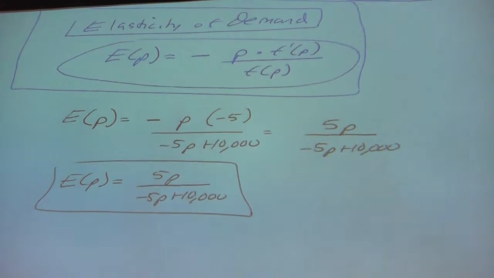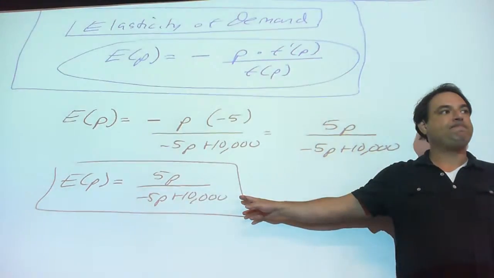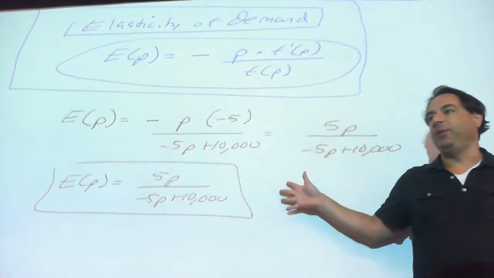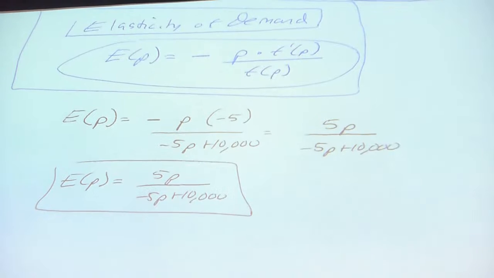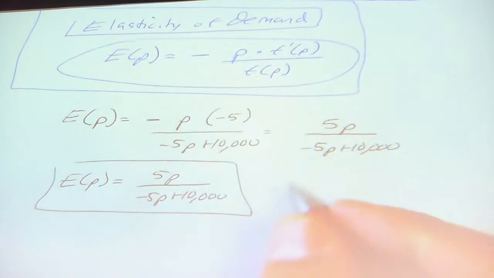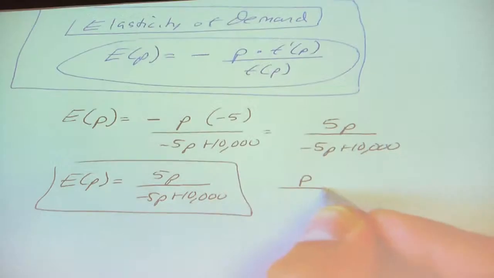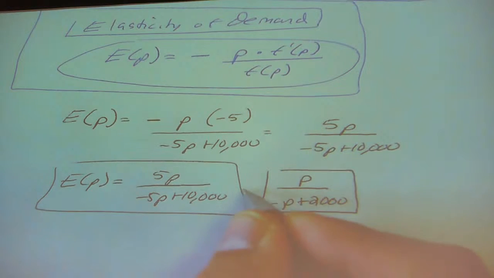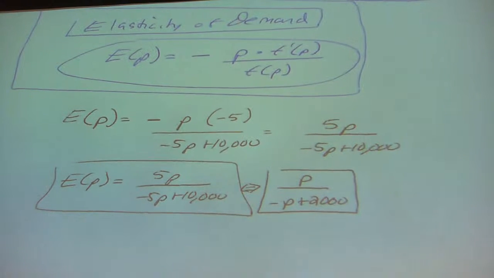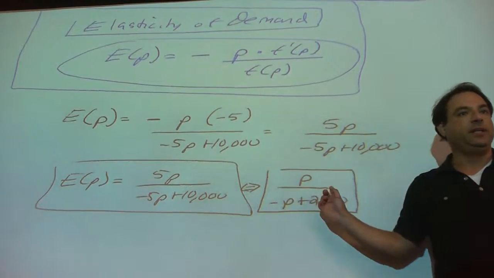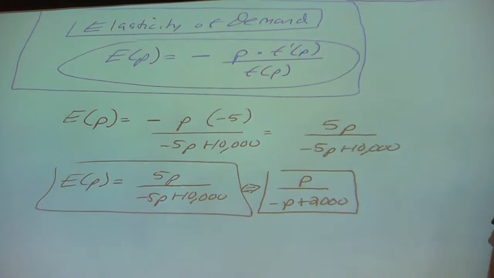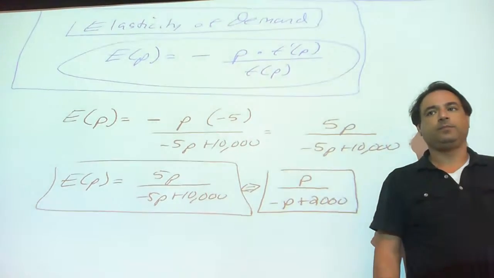Your notes factored out a 5 and simplified it further. You can do that if you want. If you pull out the 5, you get p over negative p plus 2,000. Either one's fine. One's a little more simplified, but can we all agree they're the same? Factor out the 5, and that's what you get.